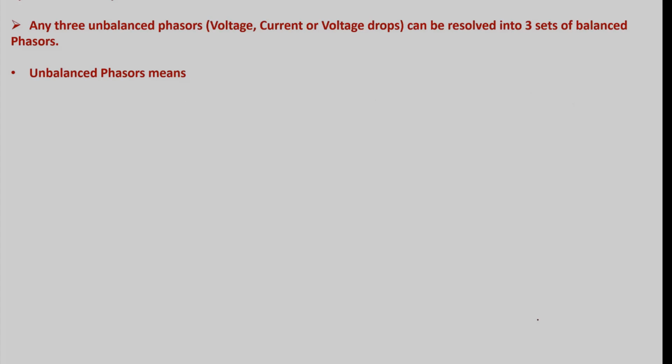But however, in 1920, one mathematician called C.L. Fortescue published one IEEE paper in which he stated that any three unbalanced vectors can be resolved, can be decomposed into 3 sets of balanced vectors. So he published an IEEE paper and they accepted. It's a new mathematical concept.